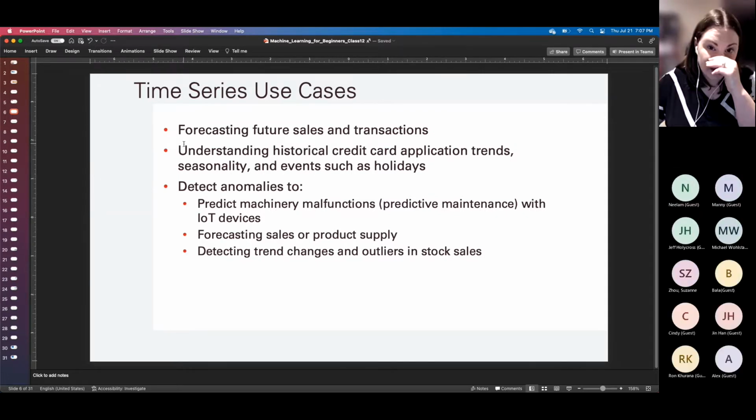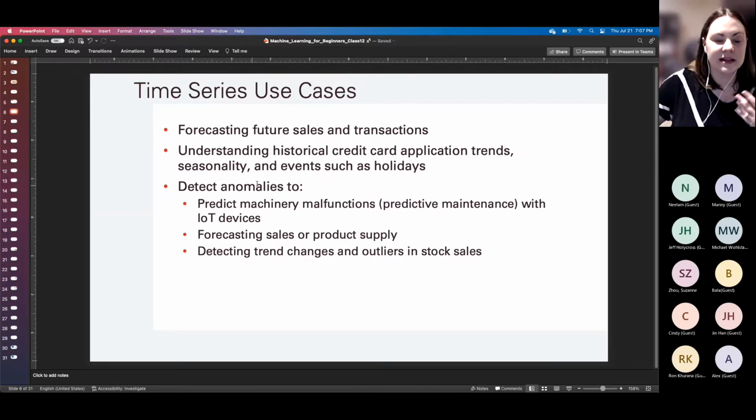Another one that's really interesting that I've dug into quite a bit is detecting anomalies with time series. For example, predicting machinery malfunctions or predictive maintenance with IoT devices. A couple of other use cases are forecasting sales or product supply, and detecting trends and outliers in stock sales. Those are just a couple of examples of time series use cases.